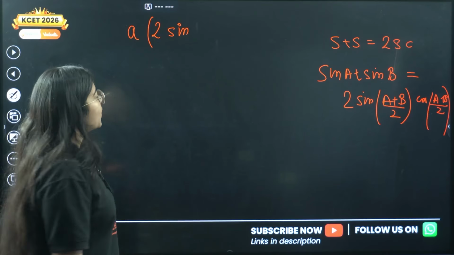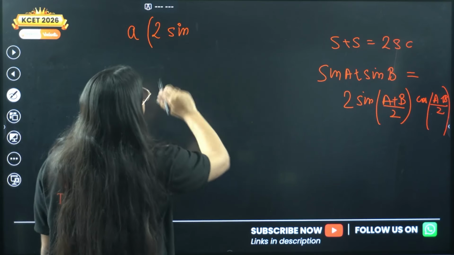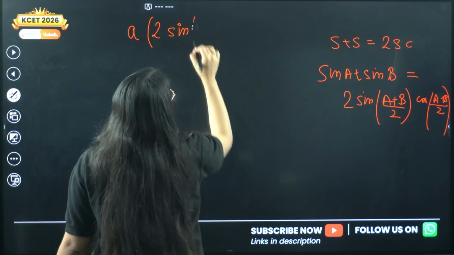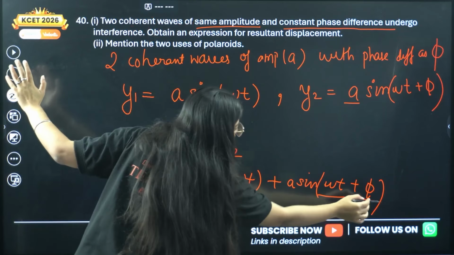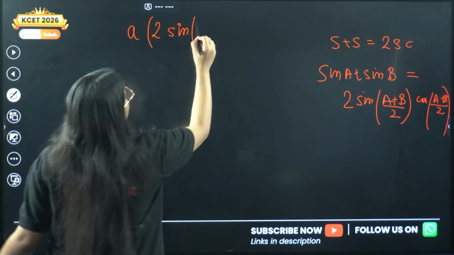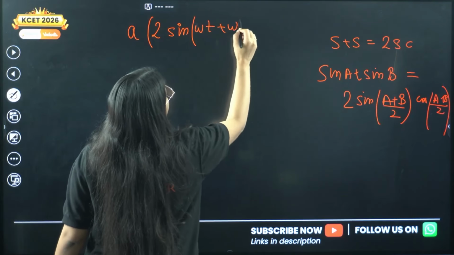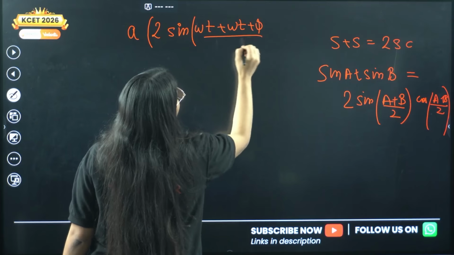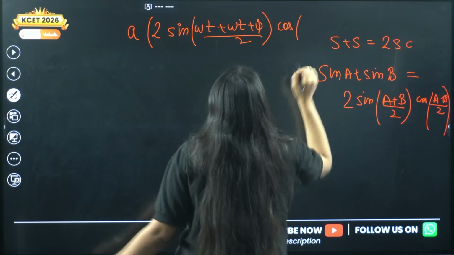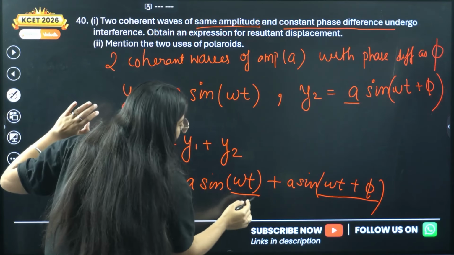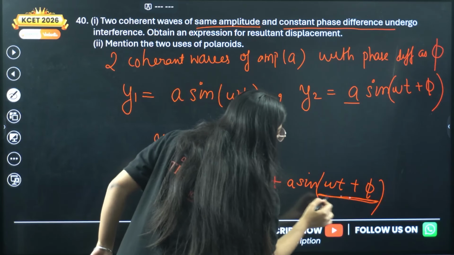We all know that. Can I apply that here? It says 2 sine A plus B by 2. That means omega t plus phi by 2. So omega t plus phi divided by 2. And then I have cos. Cos here will be omega t plus phi minus omega t, divided by 2.